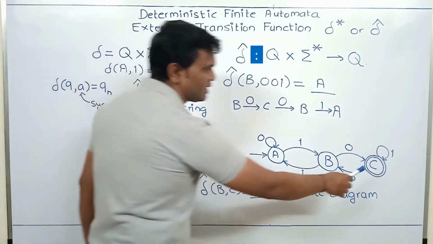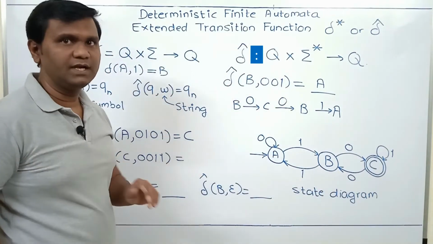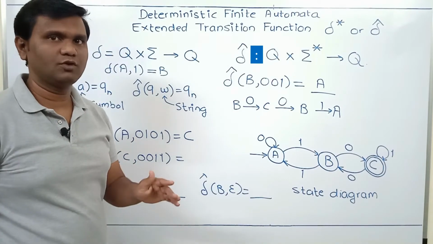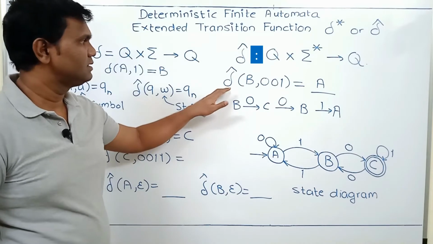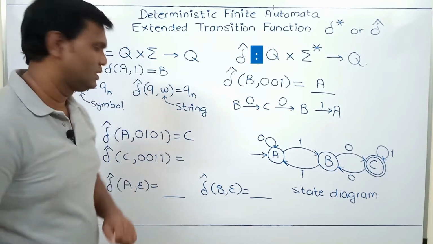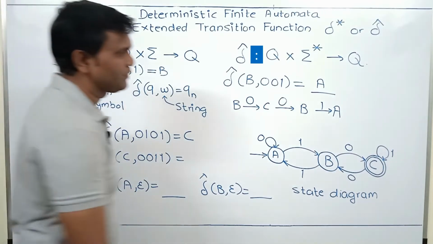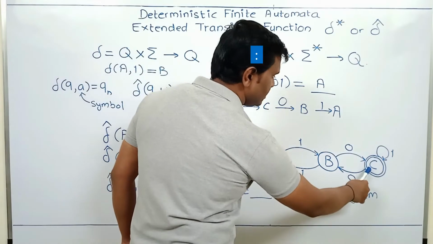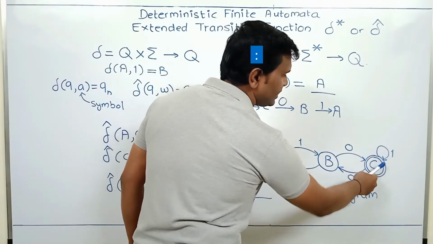So here we have to start from C. In extended transition function, it is not necessary that you should start from initial state or start state. In the function, it is specified from where you have to process the string w. So we have to process 0011 from C. So from C, on 0011, you get C itself.